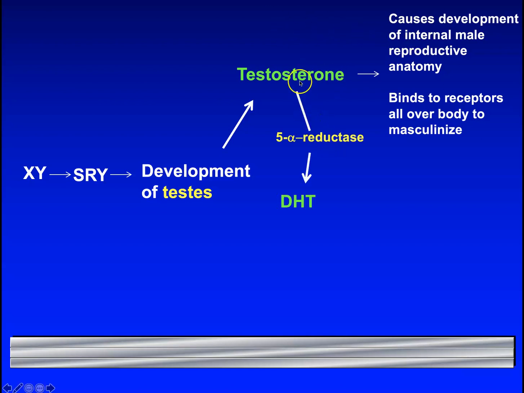Then testosterone is converted into dihydrotestosterone, and that's responsible for growing the external anatomy. So if a little baby's born with a penis and a scrotum, DHT did that. And 5-alpha reductase is the enzyme that converts testosterone to DHT.